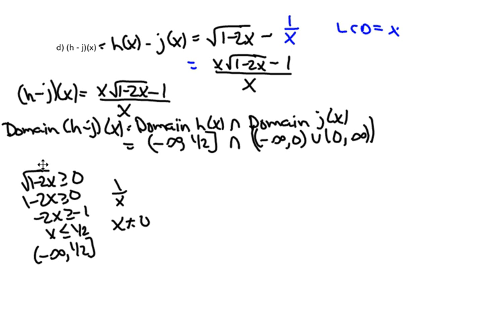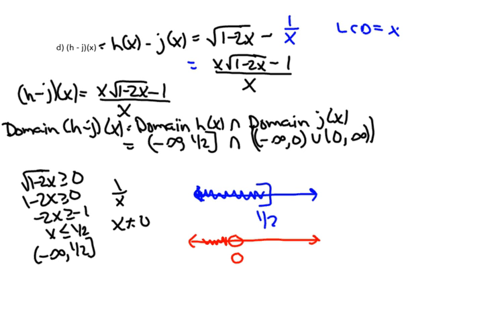Let's do, first of all, in blue, negative infinity to 1/2. So here's 1/2 in shade. Now in red, I'm going to do all real numbers except 0. Now we know 0 is to the left of 1/2.